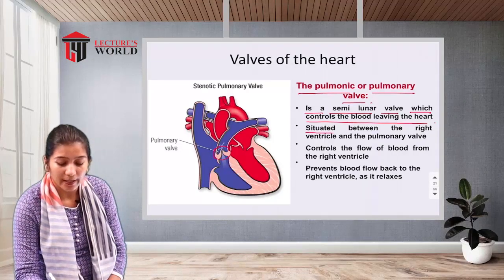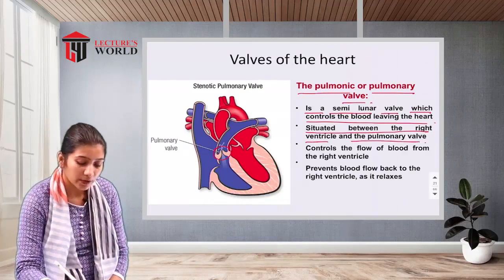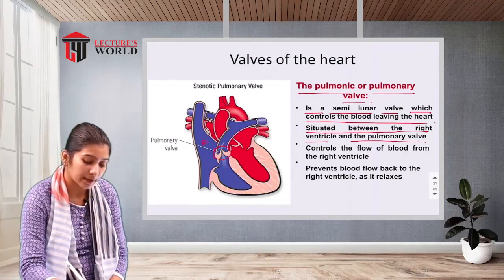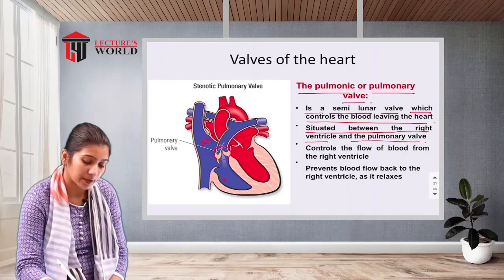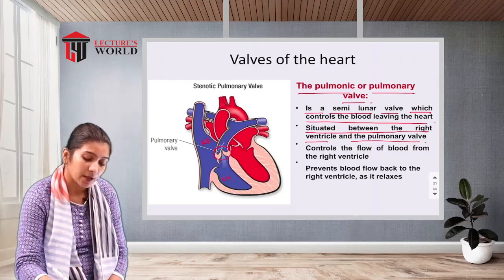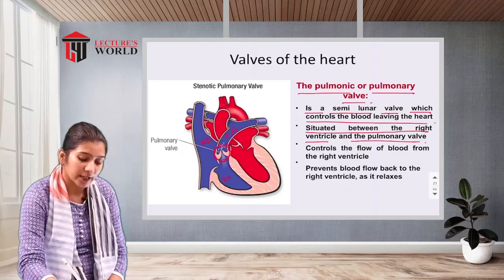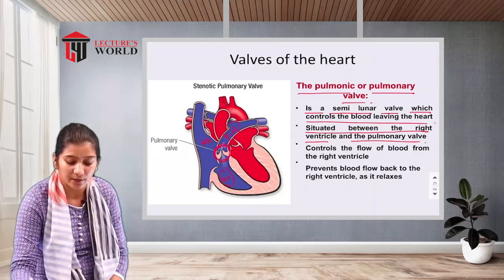It is situated between the right ventricle and the pulmonary artery. Okay, so this is the right atrium, right ventricle, left atrium, left ventricle, and this is the pulmonary artery. So it is present between the right ventricle and the pulmonary artery, that is the pulmonary valve.